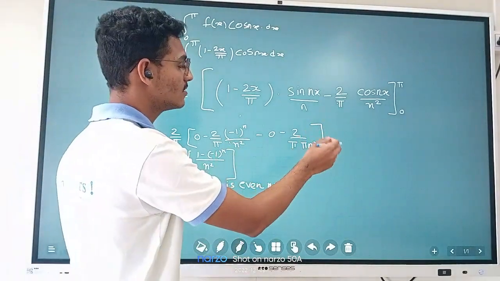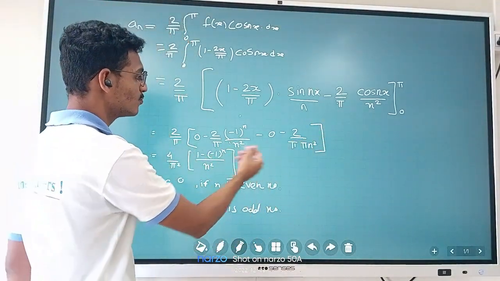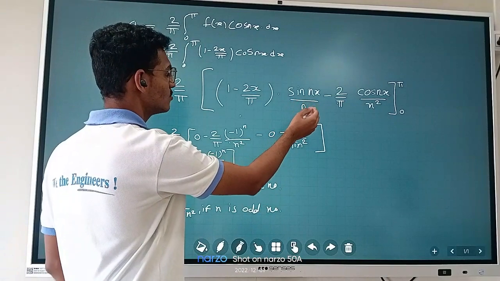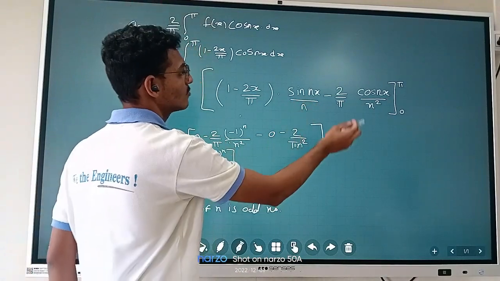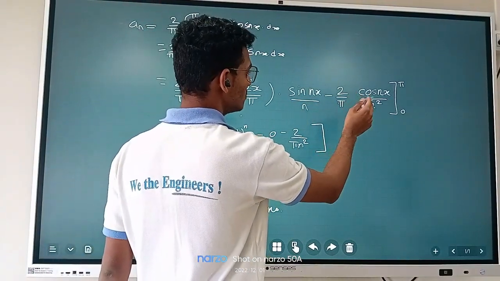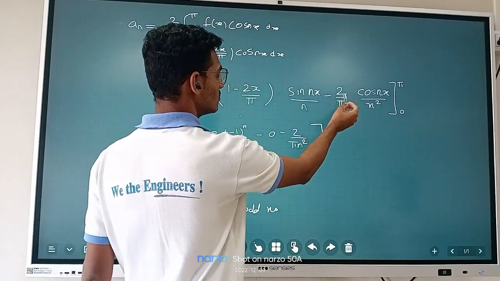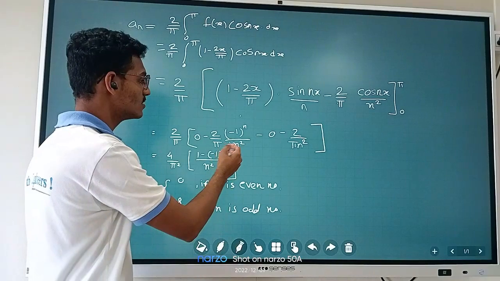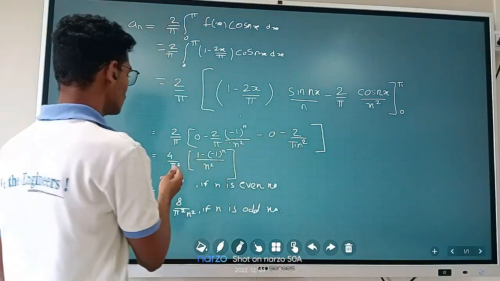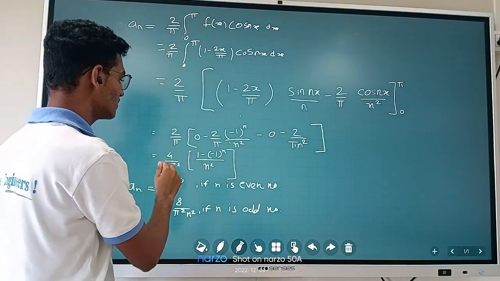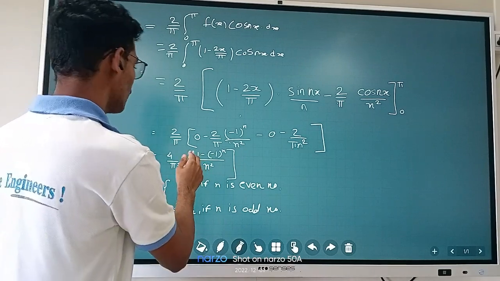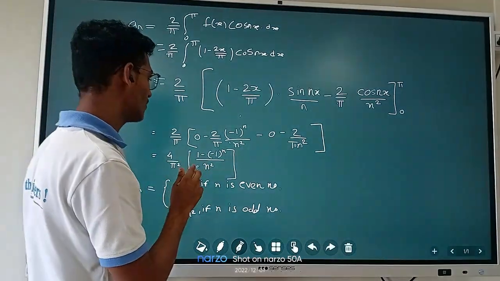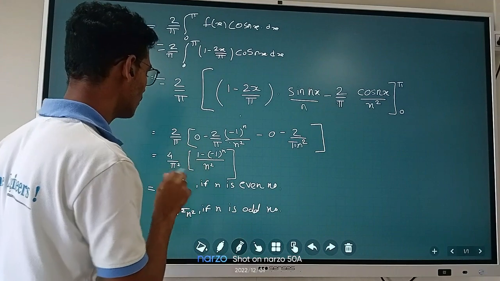Put the lower limit 0: the value of sin n 0 is 0, and cos 0 is 1. So the value is 2 upon pi n square, with 2 common, giving 4 upon pi square, times bracket of 1 minus minus 1 raised to n, upon n square.